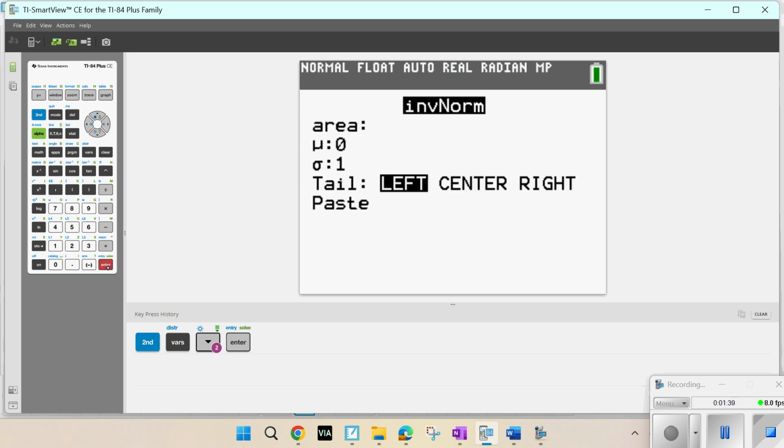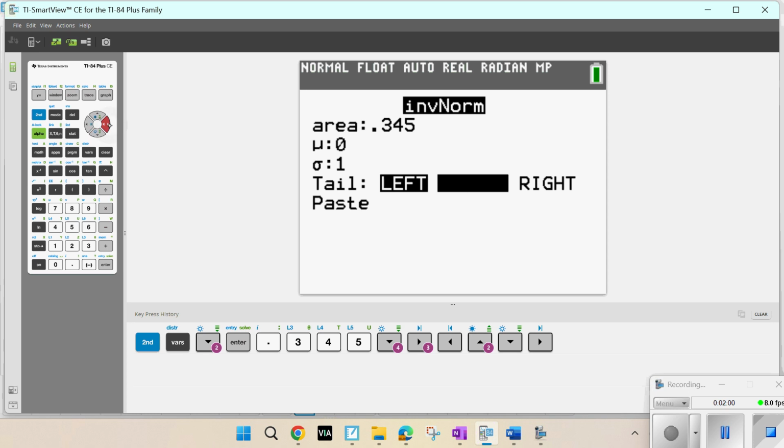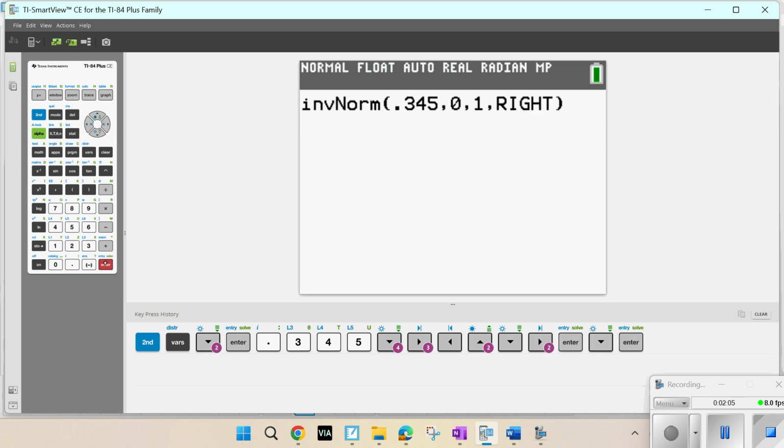The area is 0.345. Our mean would be 0. Our standard deviation is 1 because we're looking for a z-score. And then the tail on this one was greater than that, so I know that we have a tail over on the right side. So I'm going to hit enter, and then down arrow, and enter, and enter. So we should get a z-score of about 0.399.